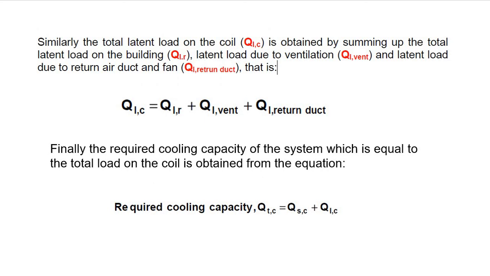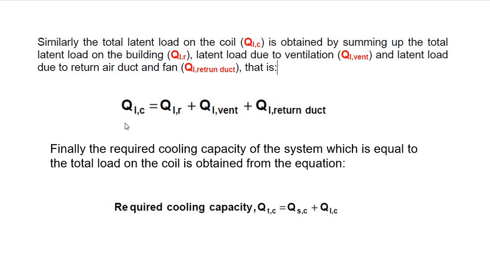Similarly, we can calculate the latent heat load. The total latent load on the coil is obtained by summing up the total latent load on the building, latent load due to ventilation, and latent load due to return air duct and fan. It is QLC.